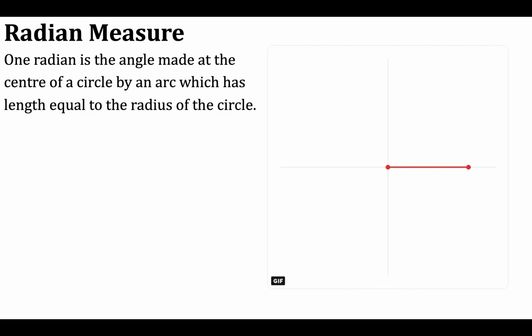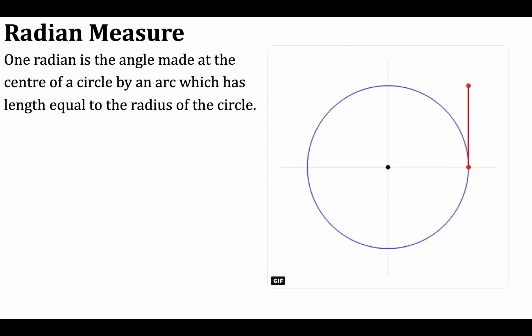So you can see there that we've got the red line starting us off, and that red line forms our circle. You can see the red line was our radius. Now if we take the radius out of the circle and put it onto the circle, that same length is 1 radian.